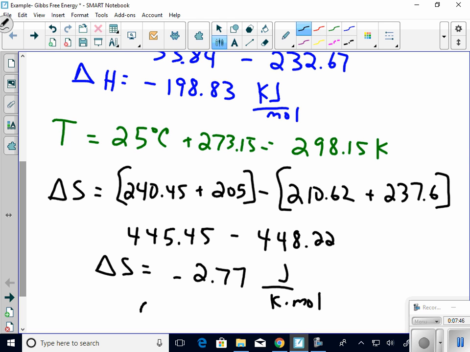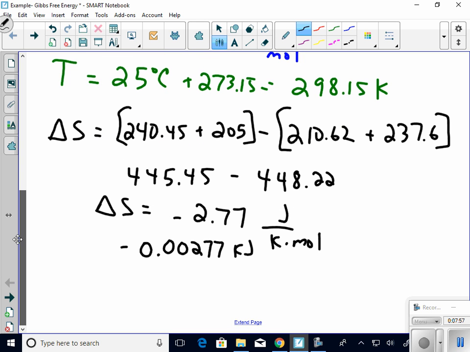So it's going to be 0.00277. That's a negative value. Kilojoules per Kelvin times mole. So I have moved that over 3 places to the left.